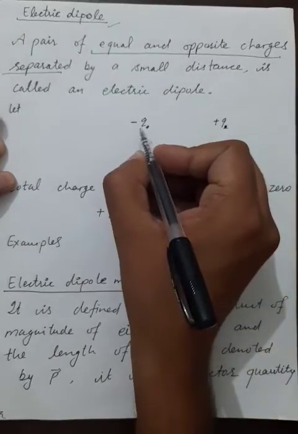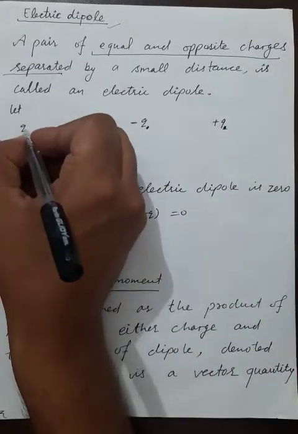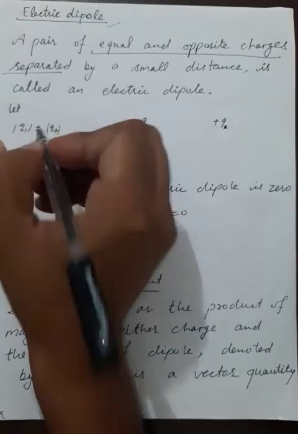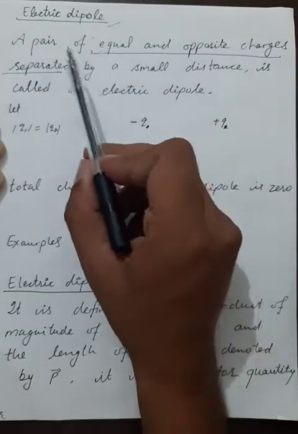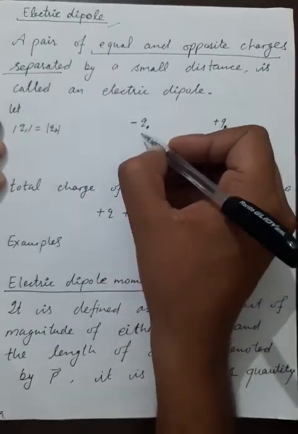The magnitude of Q1 is equal to the magnitude of Q2. So an electric dipole is a pair of equal and opposite charges separated by a small distance.